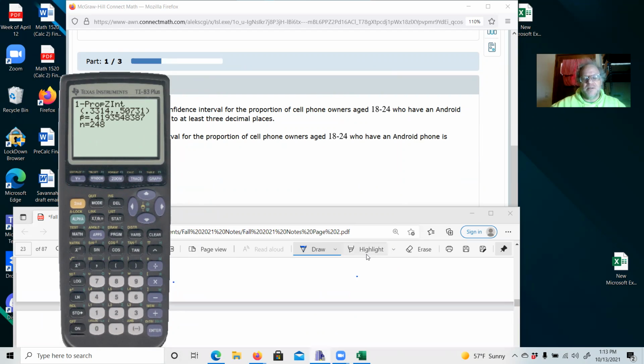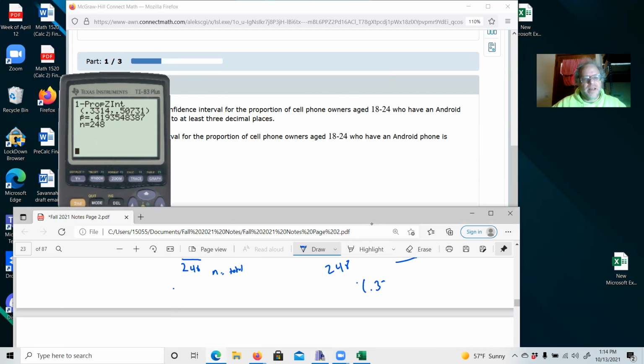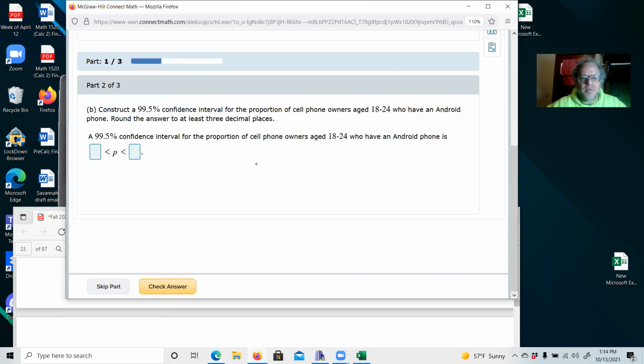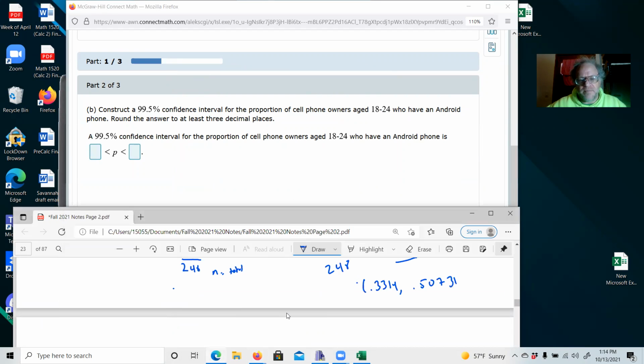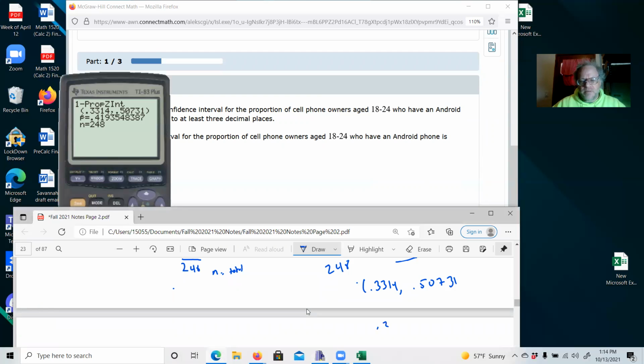So my confidence interval rather is 0.3314 to 0.50731. How many decimal places do they want? 3 decimal places. So we're going to say, here's 0.331 and then to 0.507.